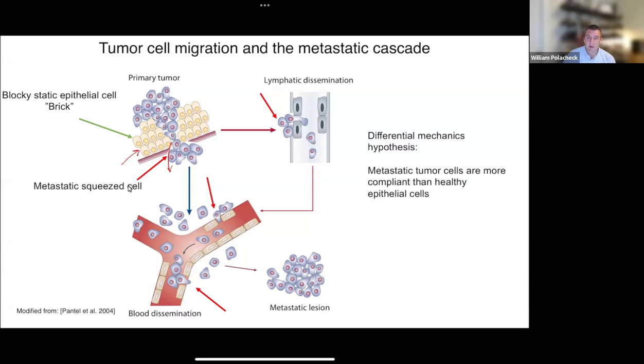So if this was a hypothesis, and let's say you wanted to understand what genes are differentially regulated in these migrating tumor cells so that you could develop new drugs that target those genes, you might want to design an assay that would allow you to test to see if the metastatic tumor cells are indeed more compliant, more squeezable than the healthy epithelial cells.